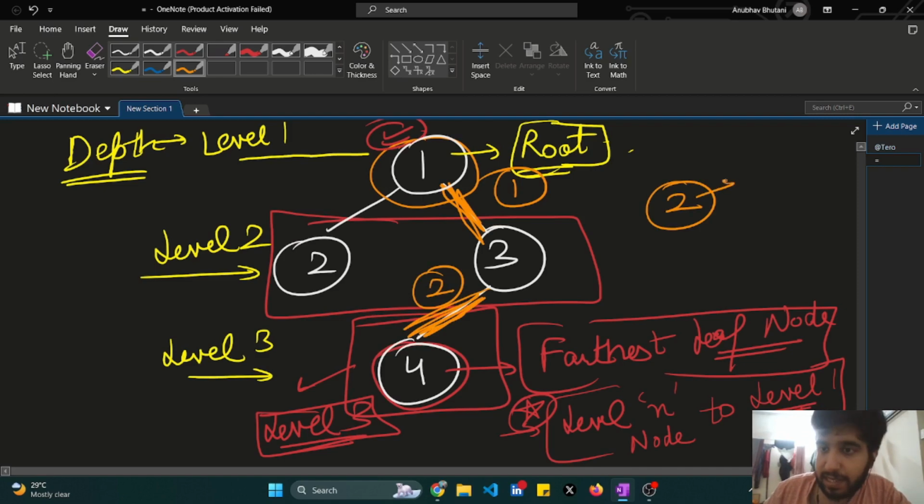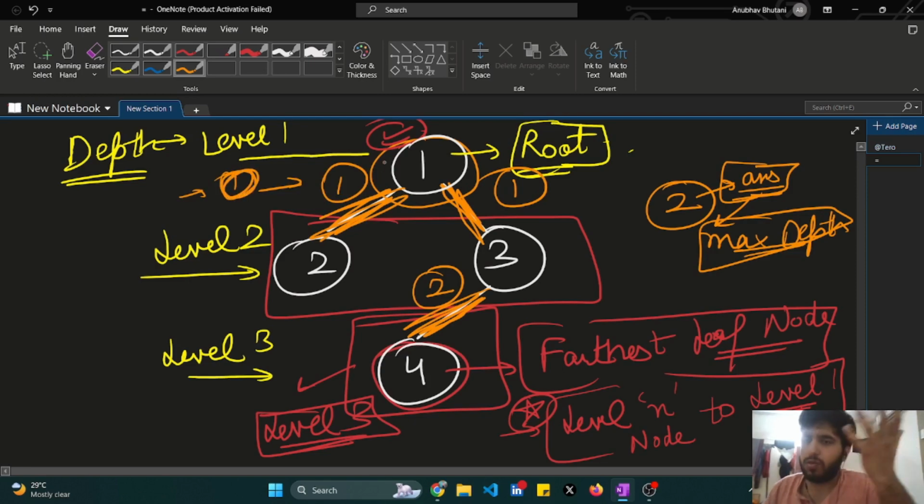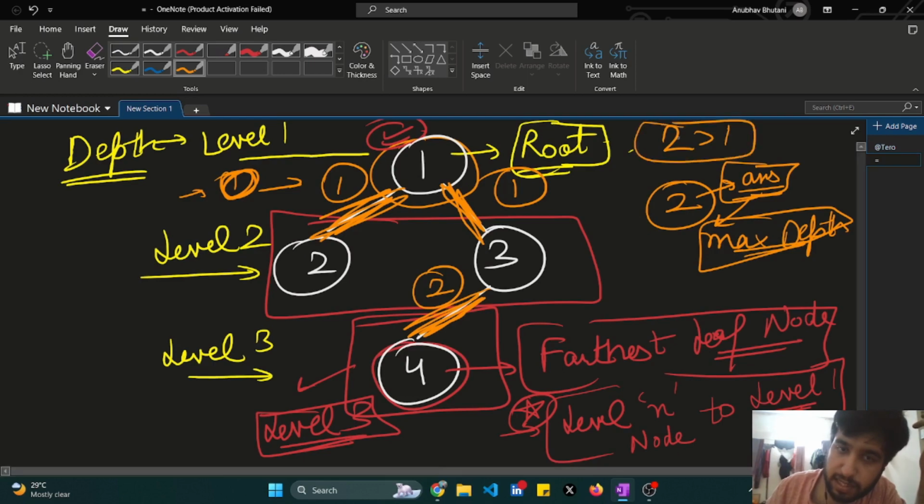So 2 is my answer in this case. That will be my maximum depth. If I consider any other path, suppose this one, it only has one branch in between. So 2 is obviously greater than 1, so this is not my answer.